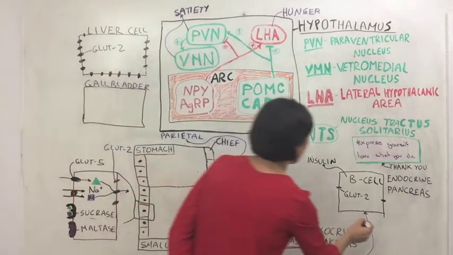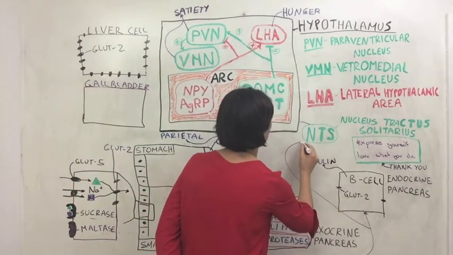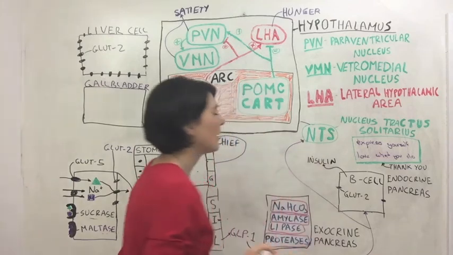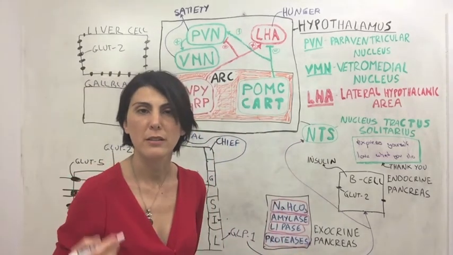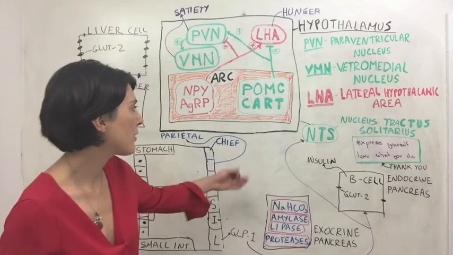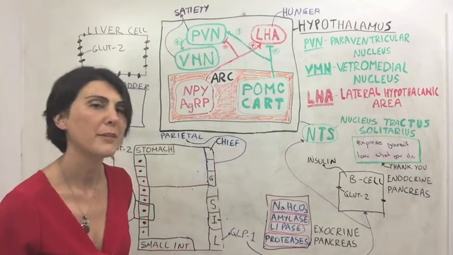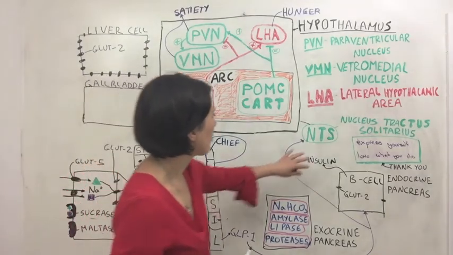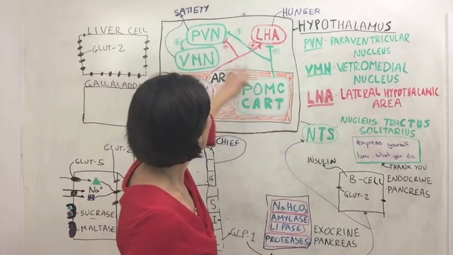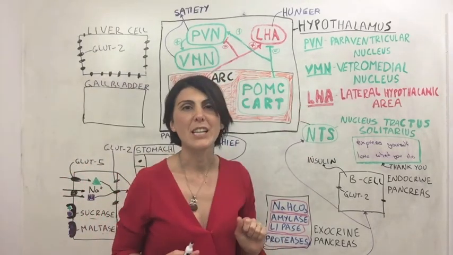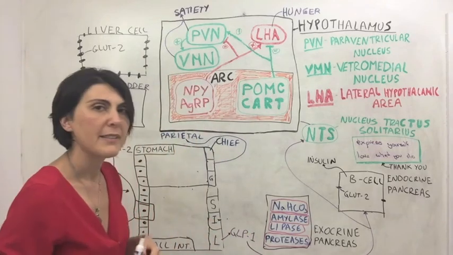It also plays a role in activating the nucleus tractus solitarius, and it does this through the vagus nerve, but I've just drawn an arrow straight to it. The nucleus tractus solitarius plays a role in promoting satiety and a sense of fullness.